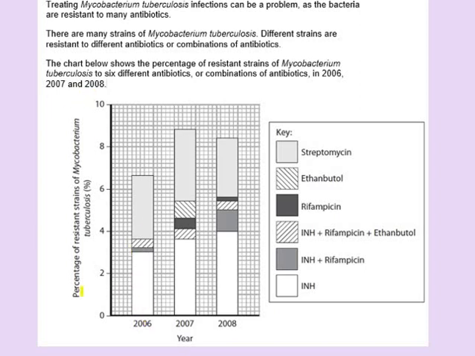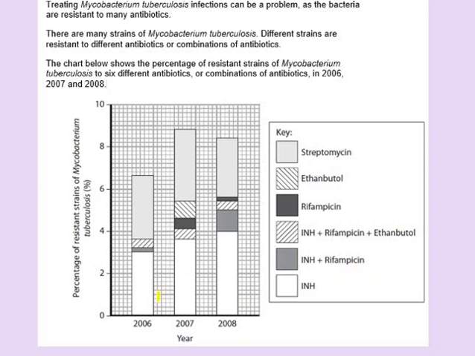So the first thing we want to do is try to understand what the graph is showing us. We've got the years here on the x-axis, and then we've got percentage of resistant strains of Mycobacterium tuberculosis. In the key here, we've got the different types of antibiotics. Sometimes they're by themselves, like streptomycin, ethambutol, but then some of them are combinations. So, for example, INH and rifampicin.